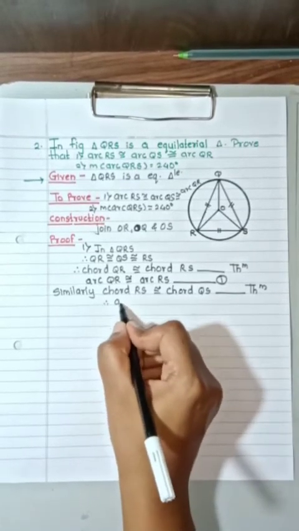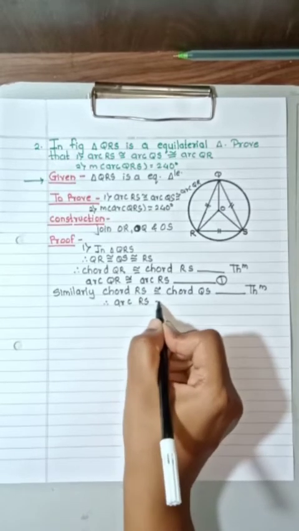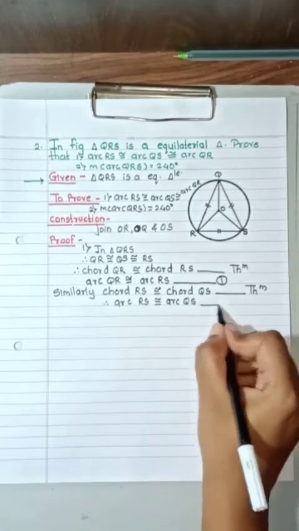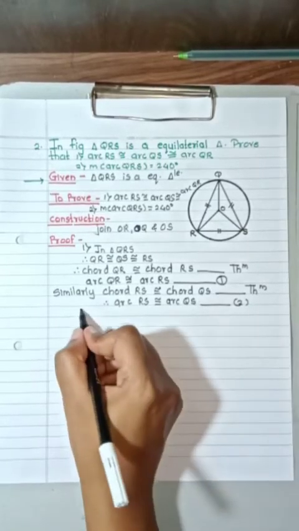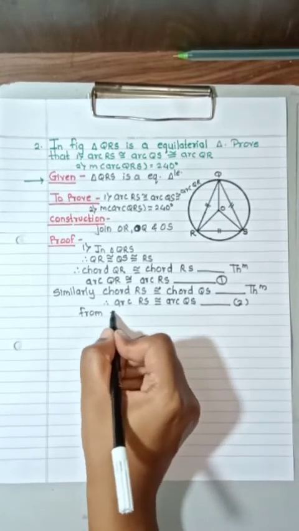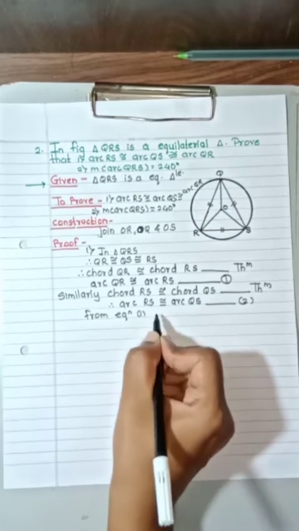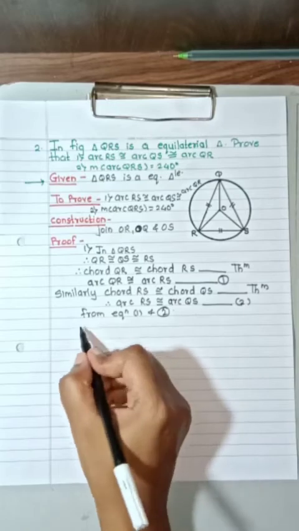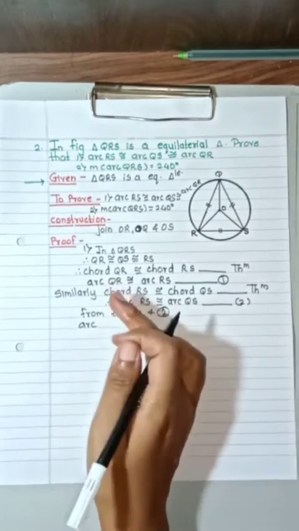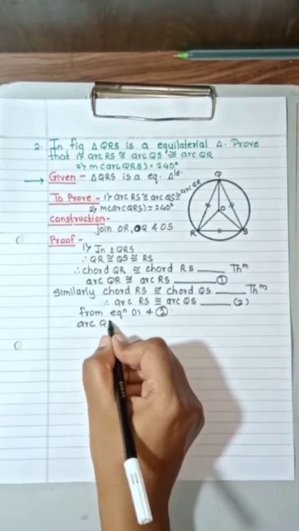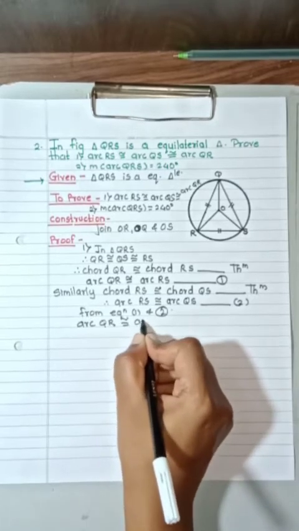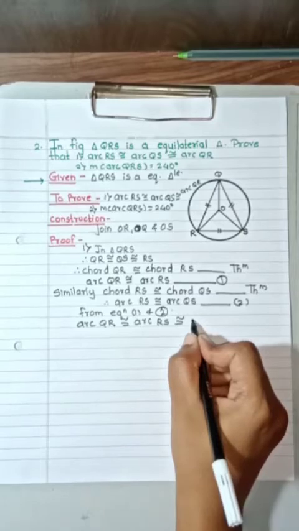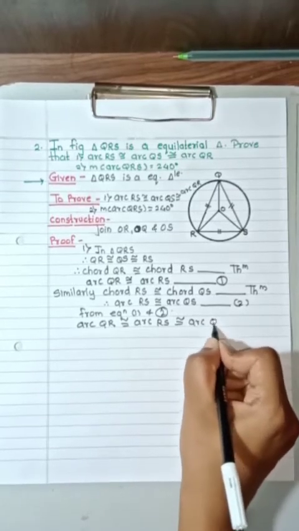Therefore, you can write down here arc RS is congruent to arc QS, equation 2. Now, from equation 1 and 2, what you get? Arc QR is congruent to arc RS is congruent to arc QS.